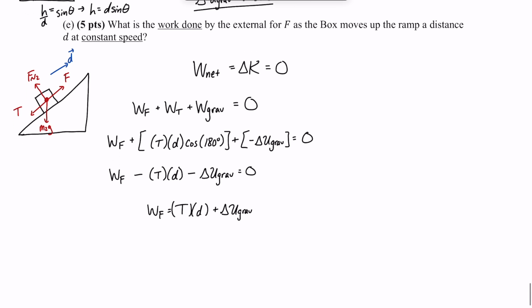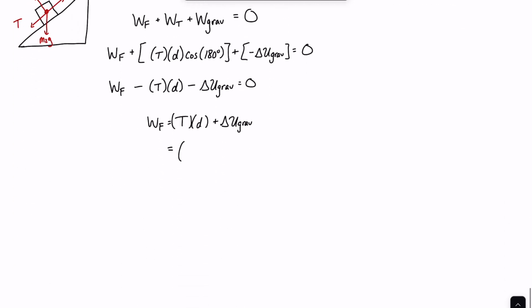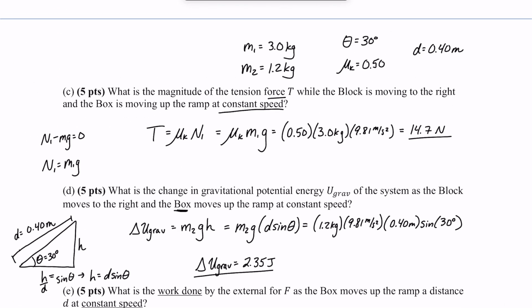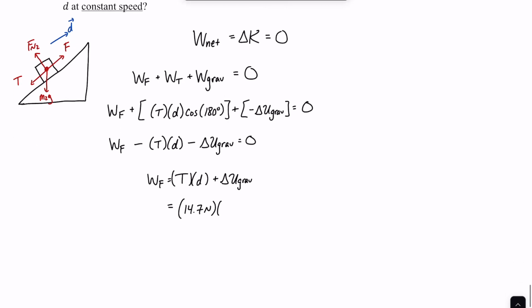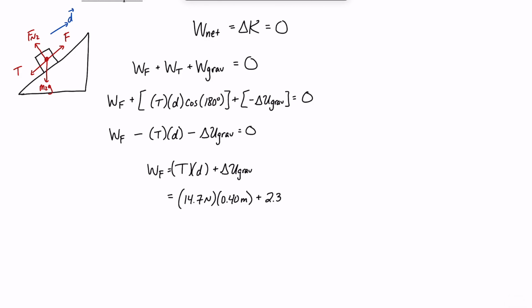And at this point, I can use the value I got in part C for tension, 14.7, times d, which is 0.4, plus the change in gravitational potential energy, which I calculated in the previous part. Doing all of this gives me a final work done by the applied force of 8.23 joules.